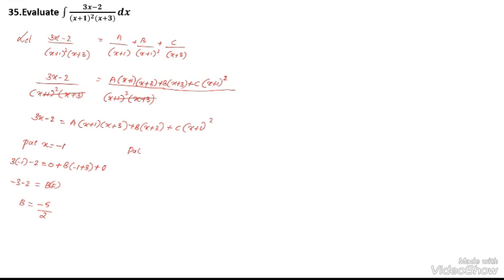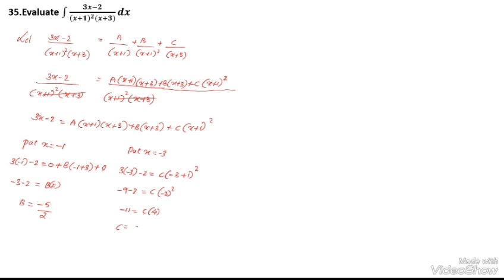In a similar manner, I can put x equals minus 3. Here 3 into minus 3 minus 2 is equal to, the a and b terms become 0, and c is multiplied by (minus 3 plus 1) whole square. 3 into minus 3 minus 2, that is minus 11, is equal to c into 4.